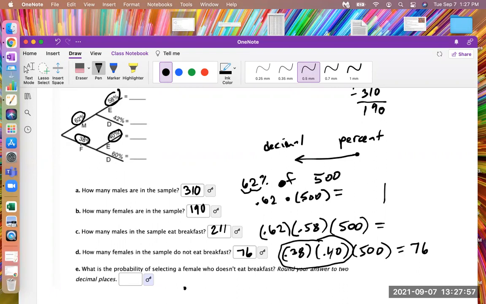Because it's females who don't eat breakfast. Oh, wait a second. I'm sorry. I totally just read it wrong. This is females who do not eat breakfast. So this should have been the 38% times the 60%. Okay, sorry about that.